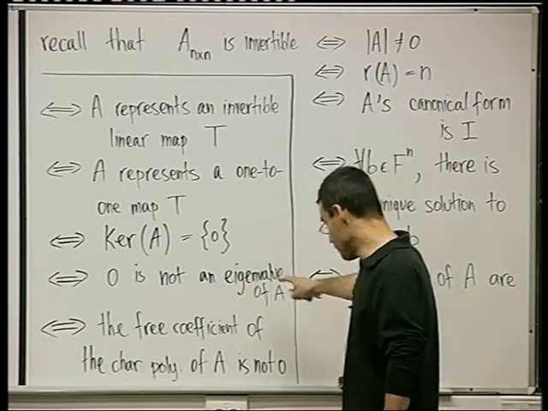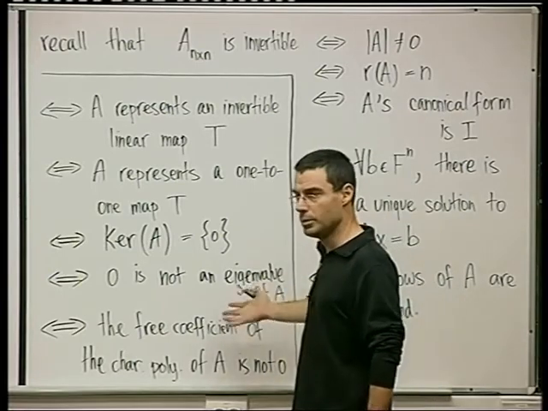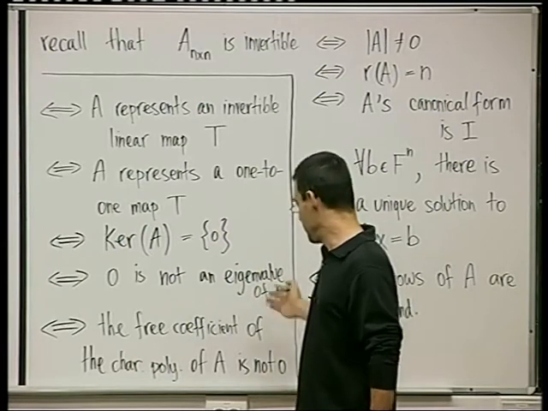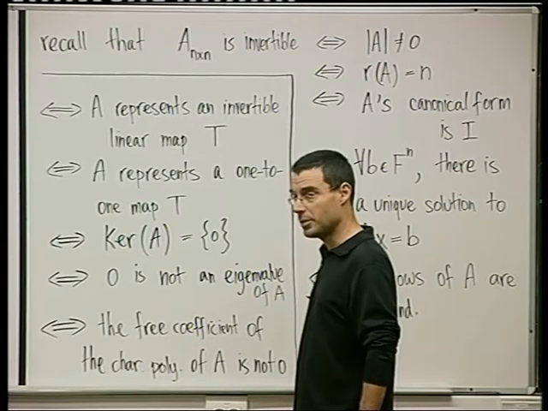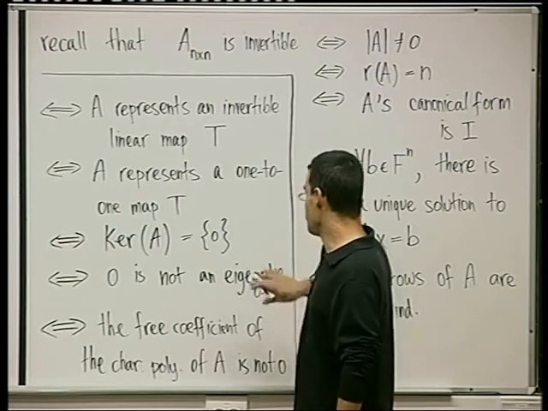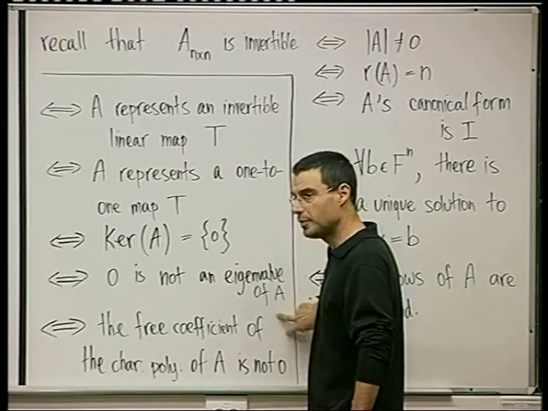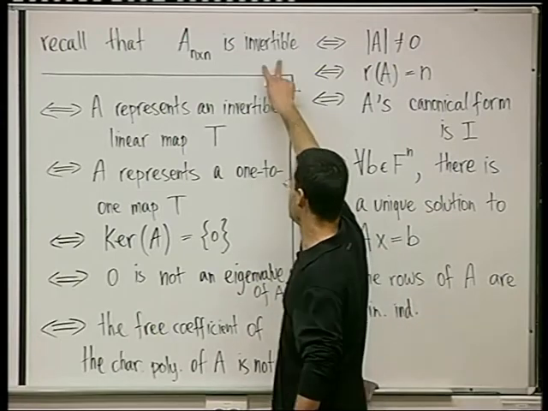These are the 2 new facts that are related to our current topic of eigenvalues and the characteristic polynomial. I'm going to forget everything in the middle, and I want to prove these 2 are related to invertibility.